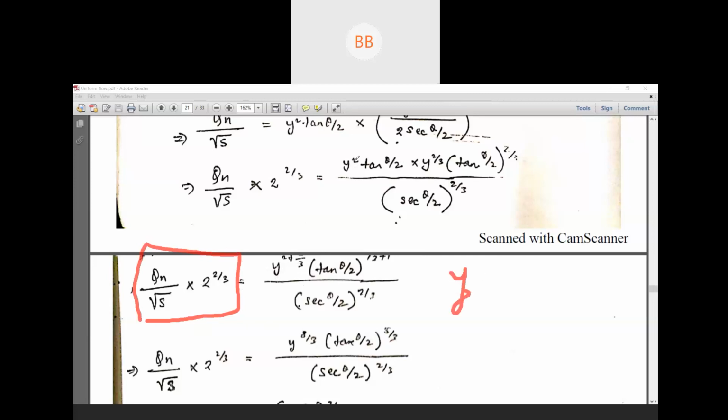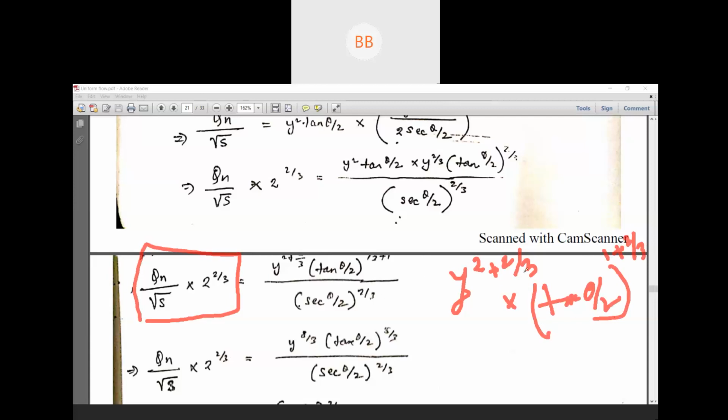So you have y square and y to the power 2 by 3, so you can write y to the power 2 plus 2 by 3. Then multiplied by tan theta by 2, so you can write tan theta by 2 to the power 1 plus 2 by 3.